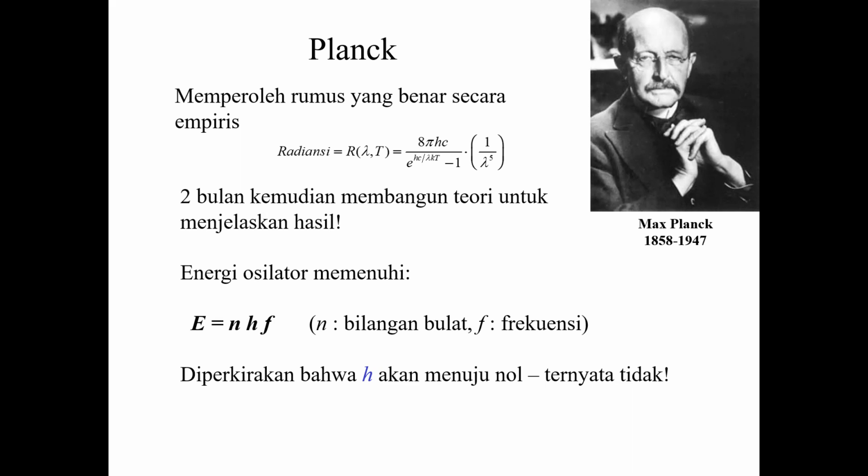Proportional to frequency means we have an n here, an integer, and h is a constant. Basically, this formulation is Planck's guess. He guessed that the energy of the oscillator should satisfy this.